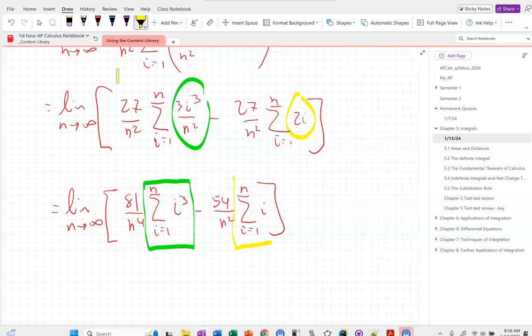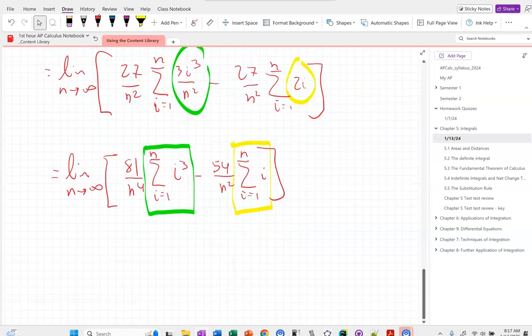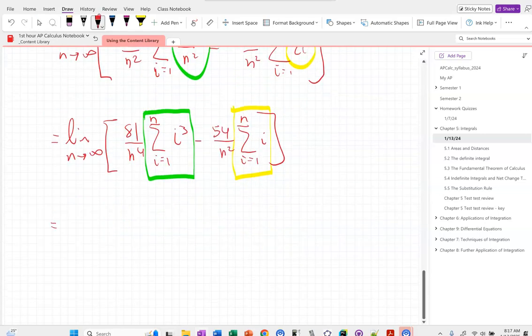This and this now, we have established formulas. These were things you could Google, or they're in your textbook in section 5.2 that would have been presented to you.